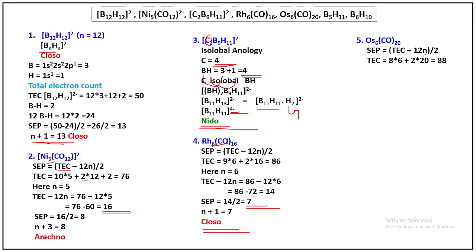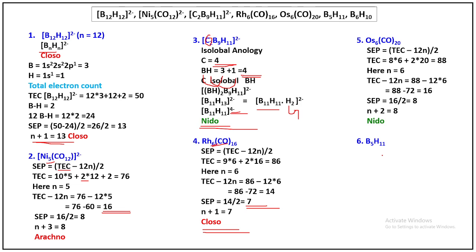And what is n here? 6. Good. So total electron count minus 12n will be 88 minus 12 into 6, which equals 16. Skeletal electron pair will be 16 by 2, that equals 8, and this falls under n plus 2, that equals nido.